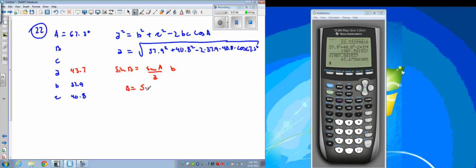So you guys got 43.7. Smaller. That's 37.9.